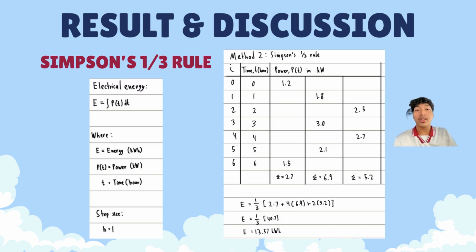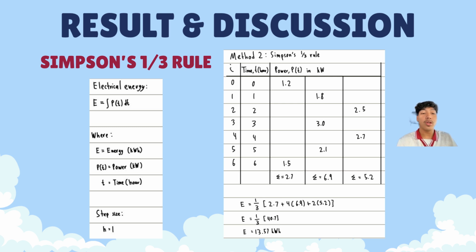This is the second method that we use, Simpson's one-third rule. We use Simpson's one-third rule to estimate the total electrical energy. Energy is the integral of power with respect to time. The time interval is 1 hour, so the step size h is equal to 1. Then we arrange the power values according to Simpson's formula. The first and last values are added normally.